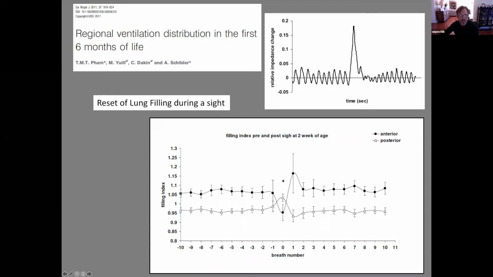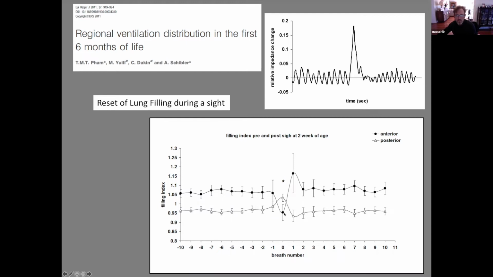If the filling index is above 1, the first part of the inspiration goes into the anterior lung, and the latter part, but the majority of the volume, goes into the so-called dependent lung, the posterior lung. And you can see when they breathe normally, they keep that rule: first a little bit into the non-dependent and then the majority into the dependent lung.